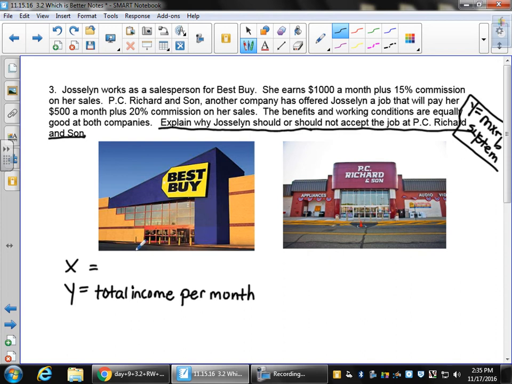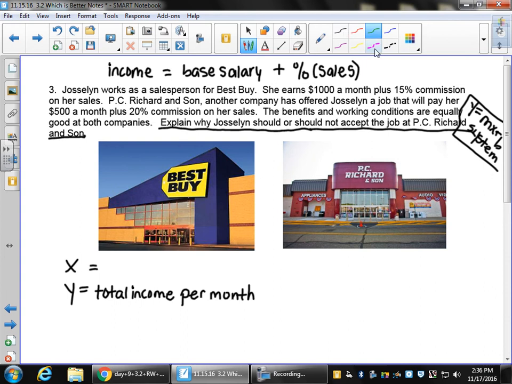Reason on what it means to work at a place like this. When you work at a place that earns commission in general, your income equals your base salary. If we're talking a monthly salary, your salary for the month, a yearly salary, salary for the year, plus some percentage of your sales, some percentage. So the percent times sales.